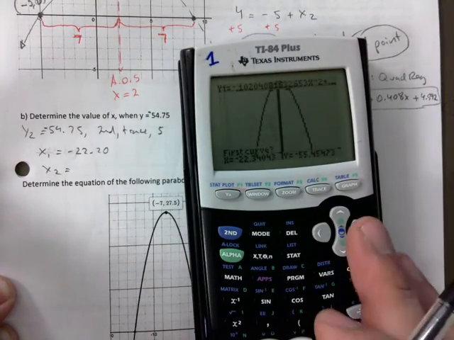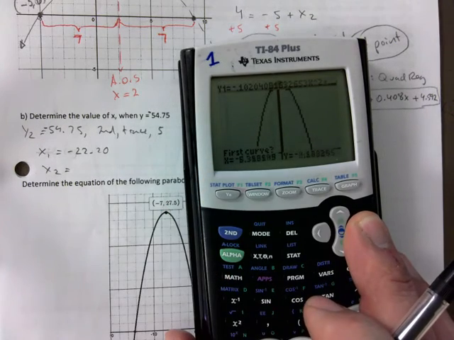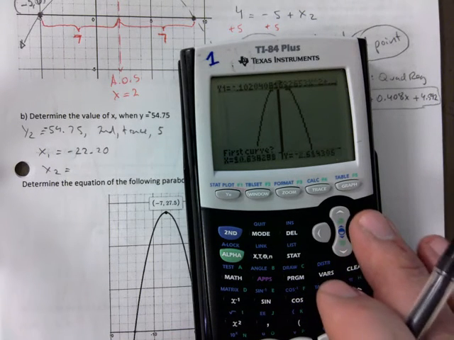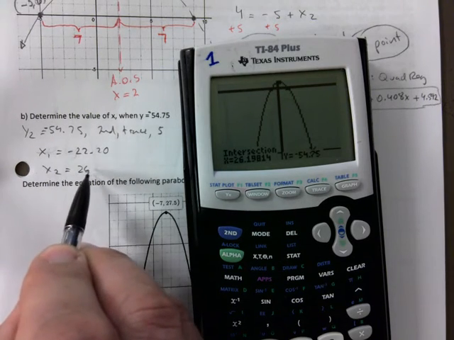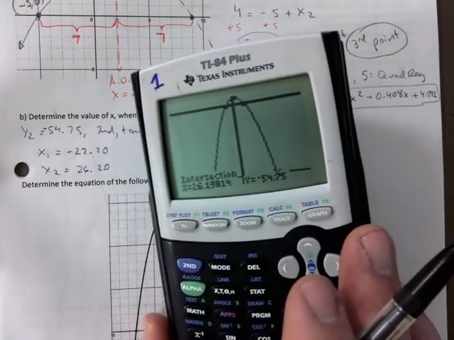Second trace 5. I'm going to go all the way above, over the hill. When I'm closer to the other side, hit enter, enter, enter. 26.20. So these are my two values there.